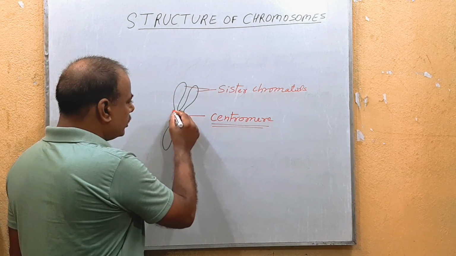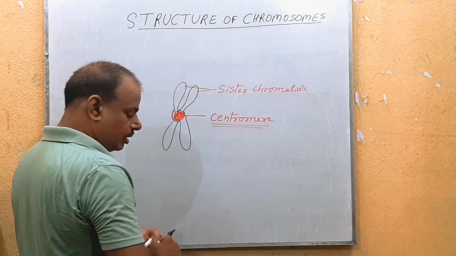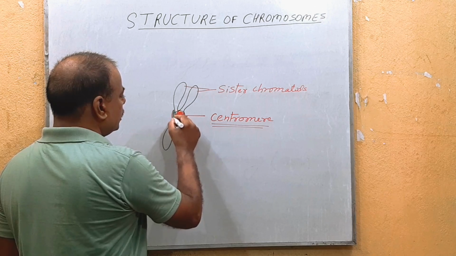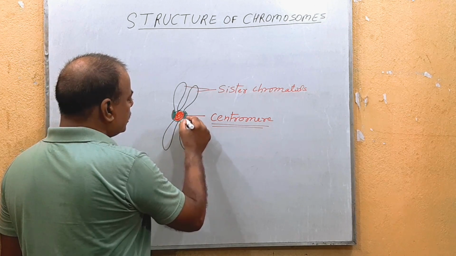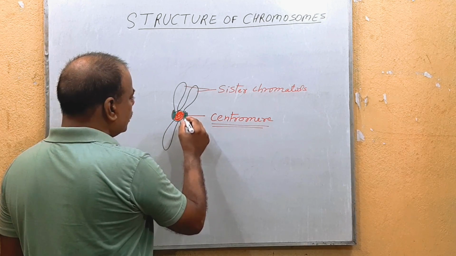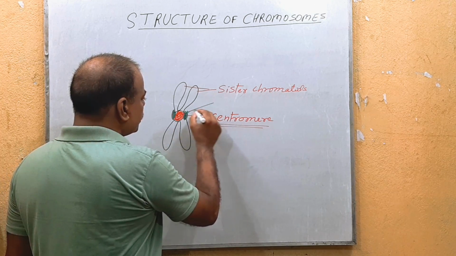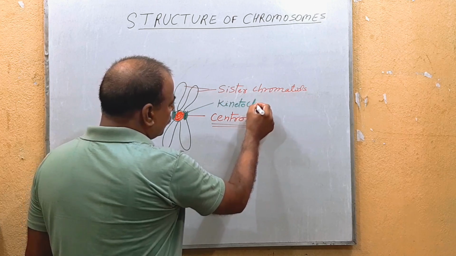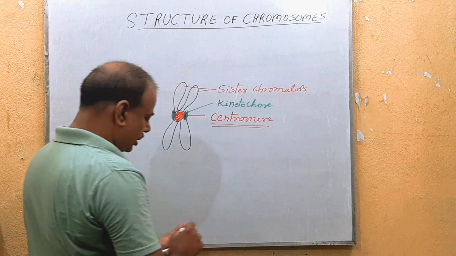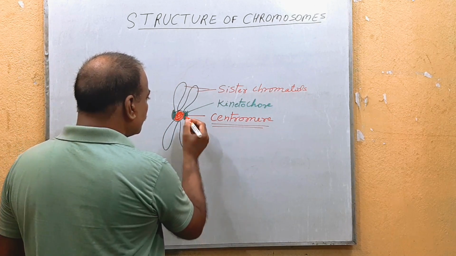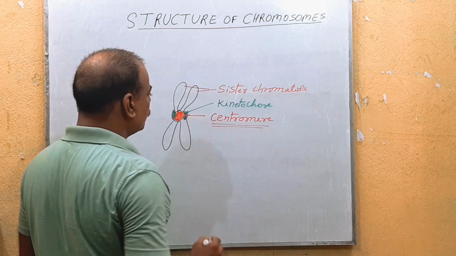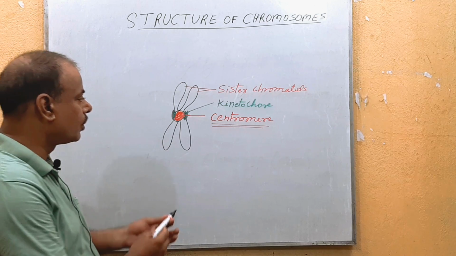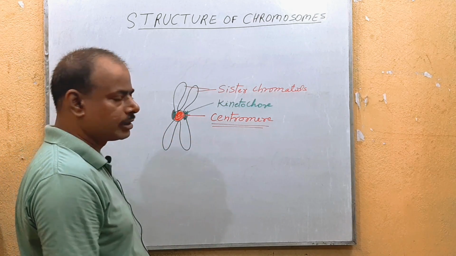The centromere is surrounded by two different structures. These are disc-like structures, and they are known as kinetochores. The kinetochore is located on either side of the centromere.